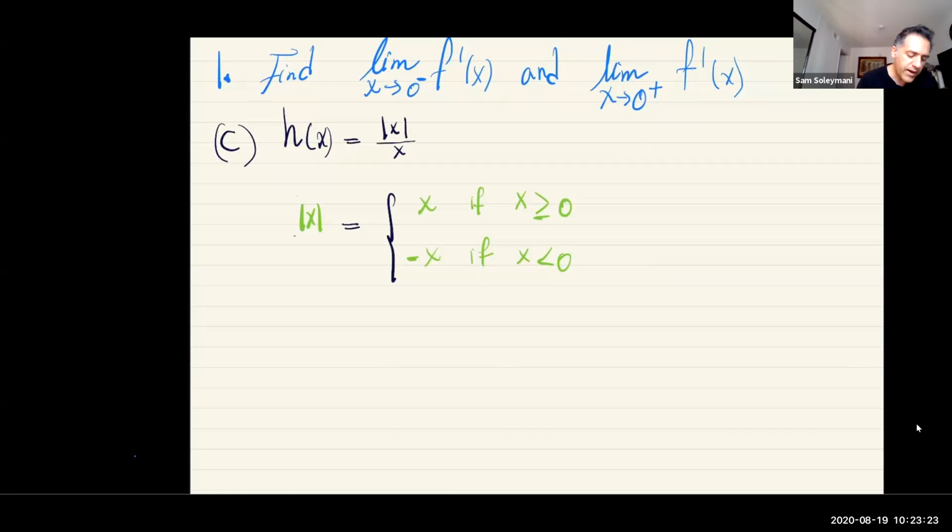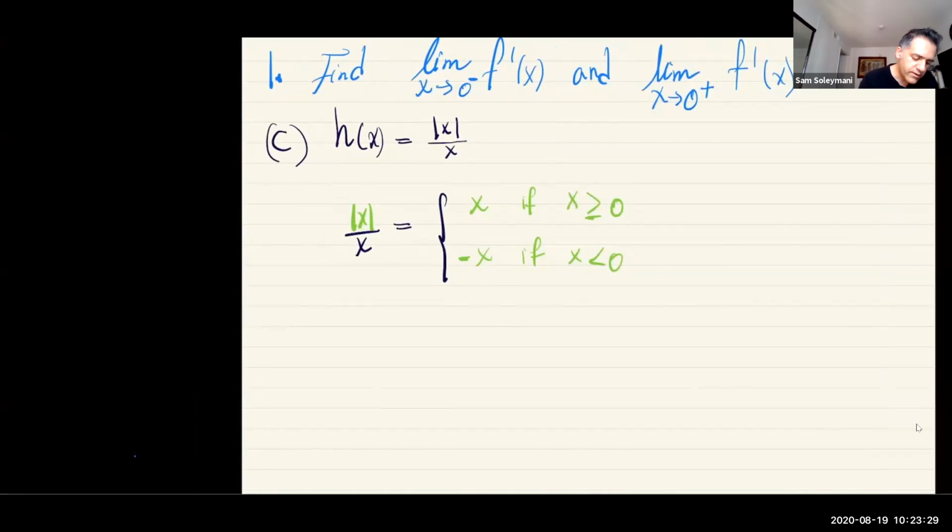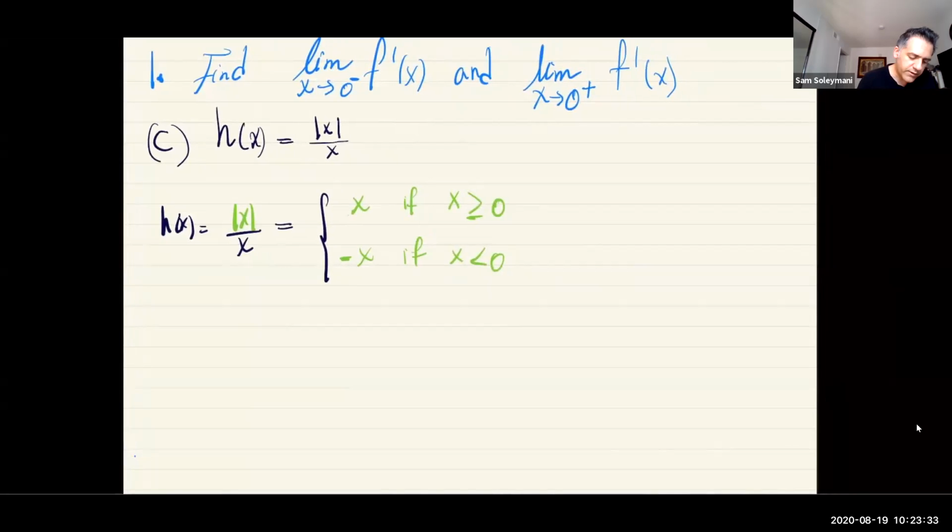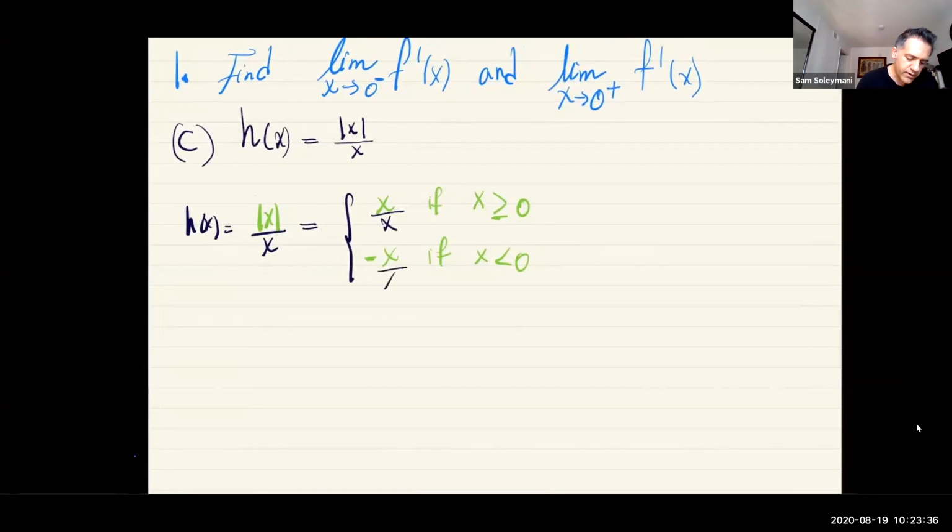So take this and divide it by x. That gives you the function h of x. So our function is either 1 if x is positive.